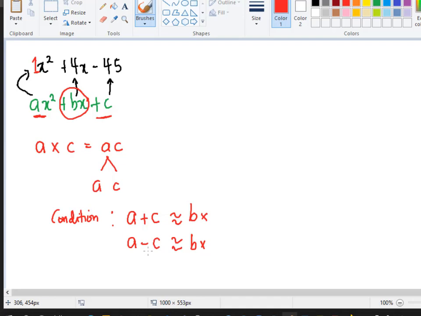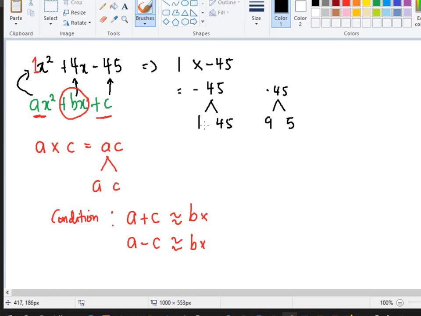With this question, you can see that 1 multiplied by negative 45 gives us negative 45. What are the factors of negative 45? We can get 1 and 45. We can also get 9 and 5.